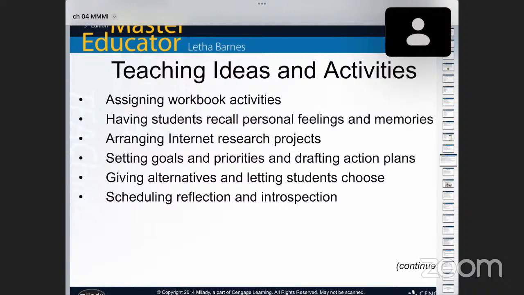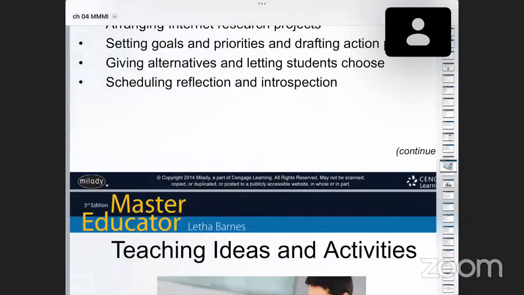Setting goals and priorities, giving alternatives and letting students choose, putting the choice back into the students' hands. That's especially important for adult learners, so they don't feel like you're taking that freedom from them. Okay. Scheduling, reflection, and introspective. That's simply evaluations. Scheduling a time to just talk about how far they've come and how they've improved and things of that nature.